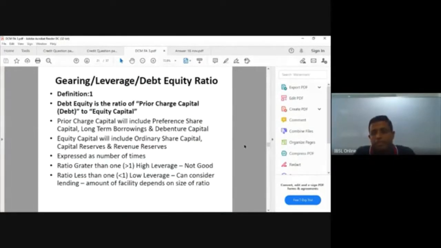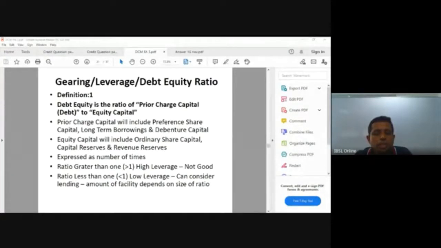The next category of ratio is the gearing ratio. Gearing means how the capital of your business has been financed. In a given company, the assets of a business can be financed in two ways.